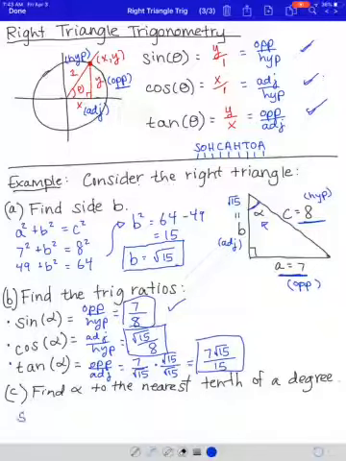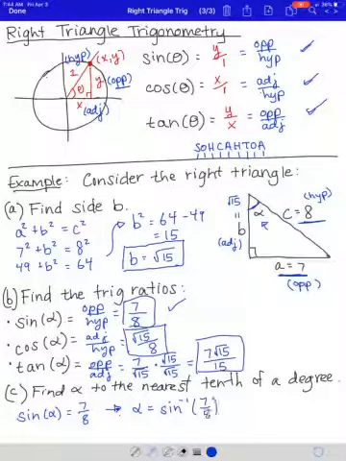So we have sine of alpha is equal to 7/8, and we want to solve for alpha. We can do that by taking sine inverse of both sides, which is the same as saying alpha is equal to sine inverse of 7/8.